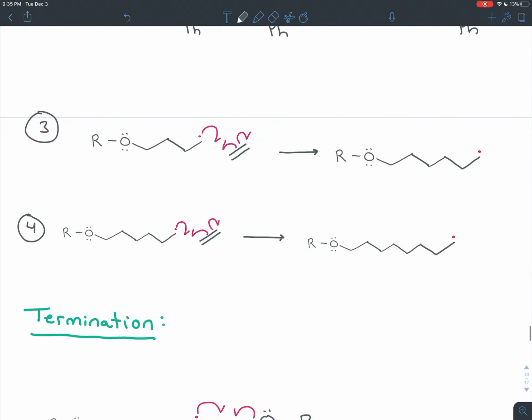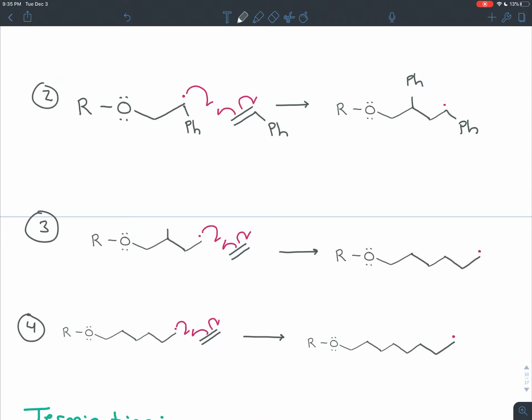For the third step, same thing again. The radical steals an electron from the pi bond that forms a new bond. The other electron in the pi bond creates a new radical. The only difference is the phenyl rings that bristle off of these molecules.